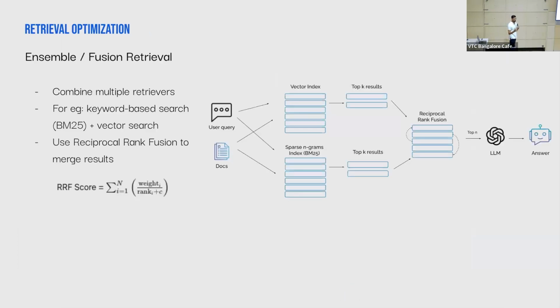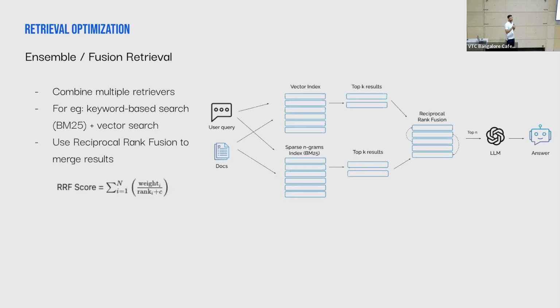Let's assume that you've done everything you can with respect to pre-retrieval. You've optimized your chunking, you've taken care of your query transformations, you've figured out the right embedding model, and so on. What do you do when it comes to retrieval? Typically, you're trying to solve for low recall or low precision, one of those.